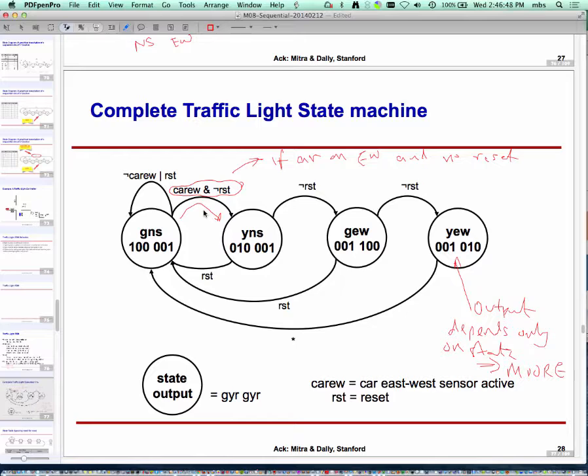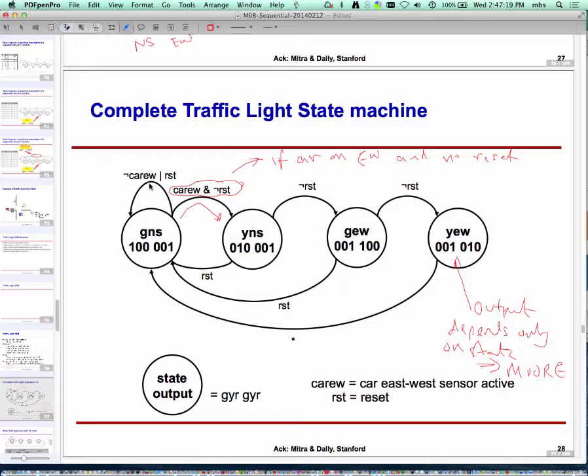So we move from green north-south to yellow north-south if the reset signal is not present and there is a car on the east-west segment. Otherwise we stay put. Sometimes, just by way of notation, you would see that this self edge is not written. If the self edge is not present, the implication is that if none of the conditions which leave the state are met, you stay put there.